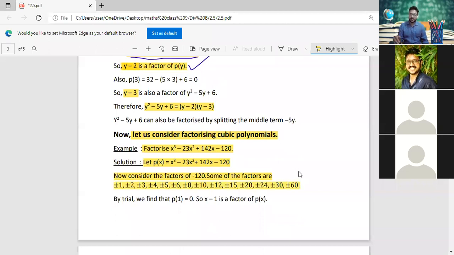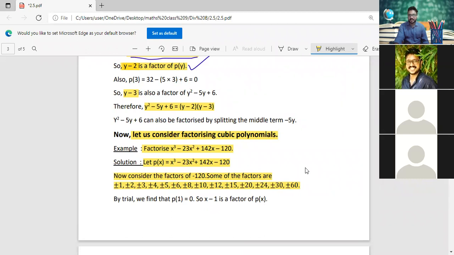When we go to the next chapters, you will find simple, easy methods for solving any polynomial, let it be a cubic or any polynomial of degree 5, 6, 7. You can easily solve it. But for now, you have to use the trial and error method.